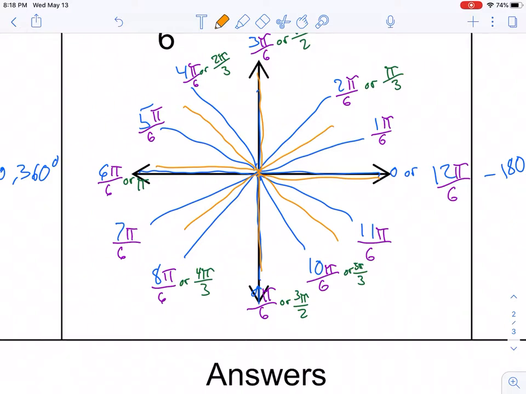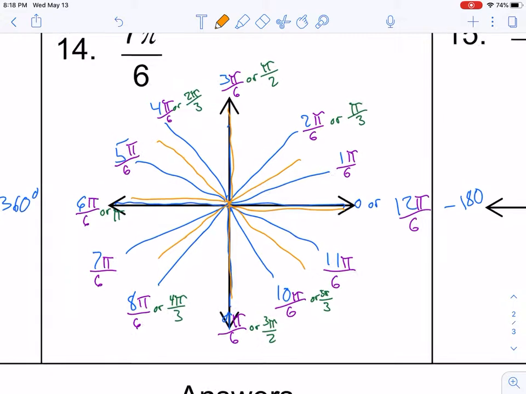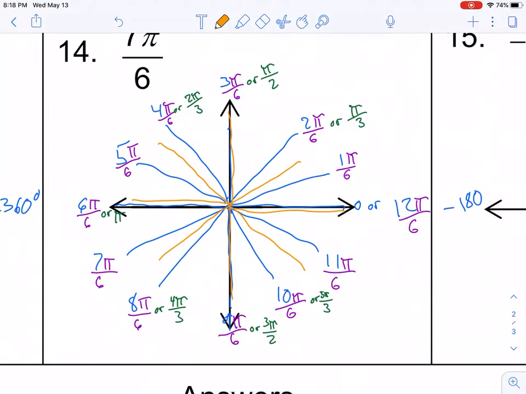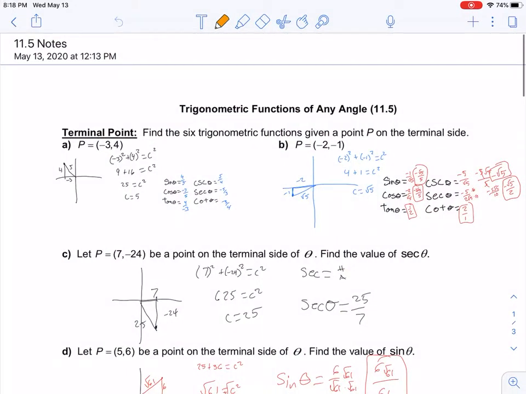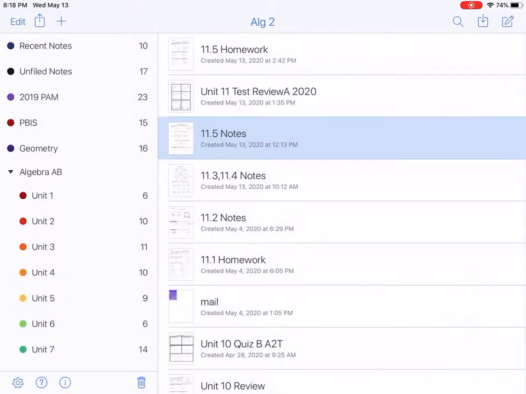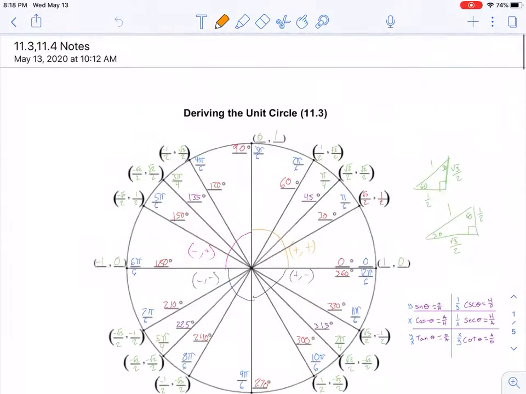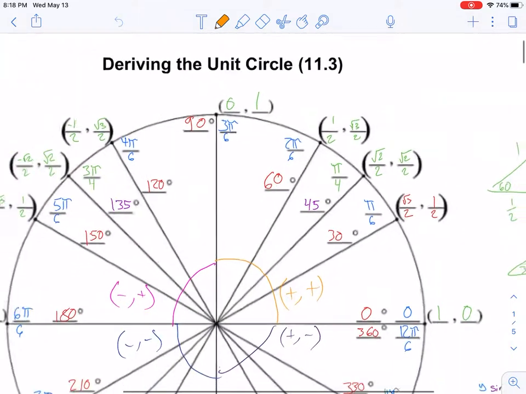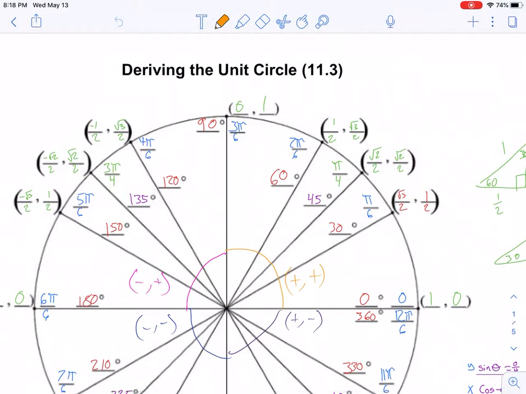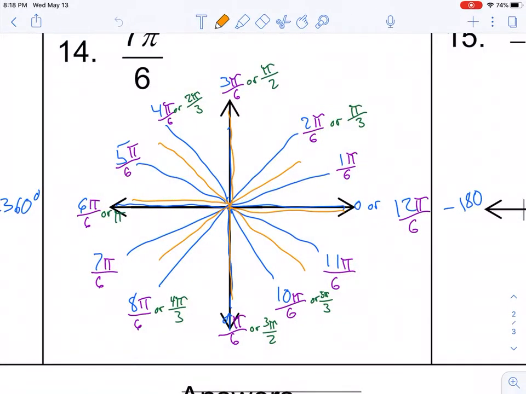And those end up being pi over... now I'm not remembering. I'm going to jump to my other notes real quick here. Ah, here we go. So here we're using pi over 4. This is 1 pi over 4.